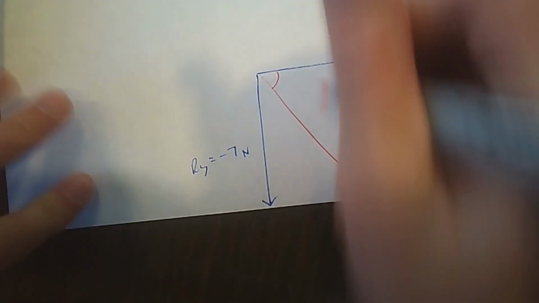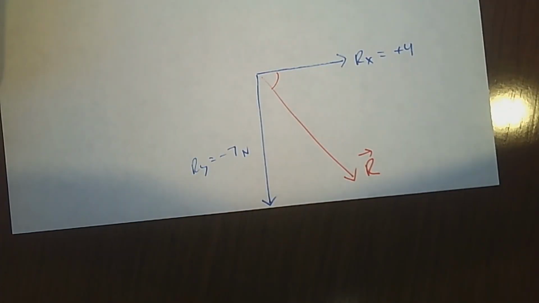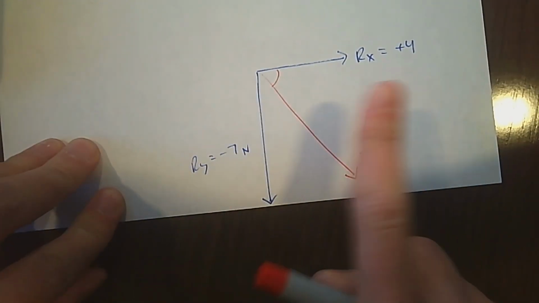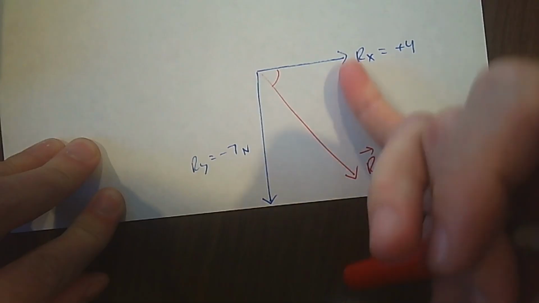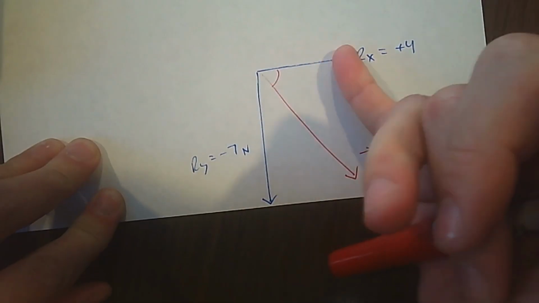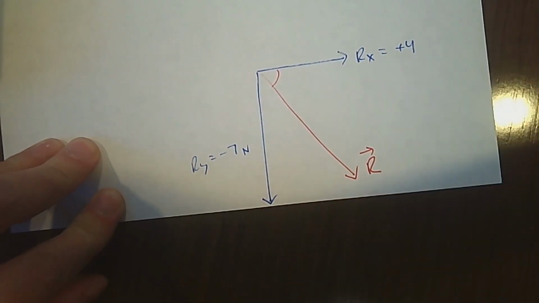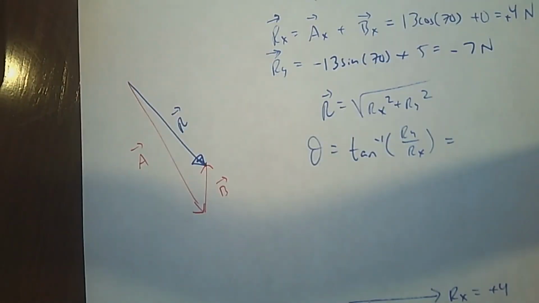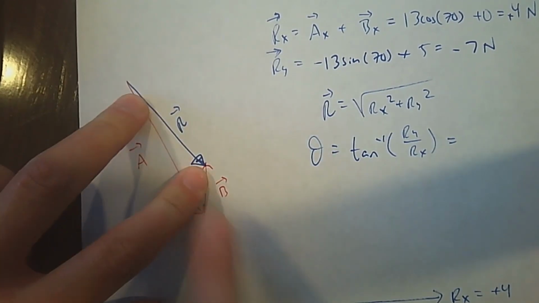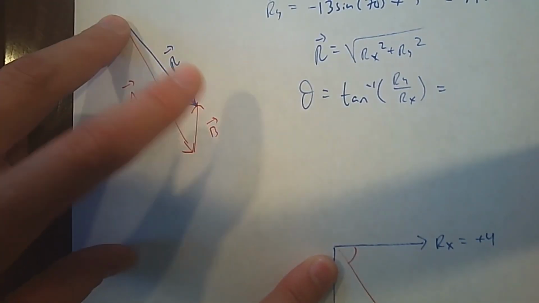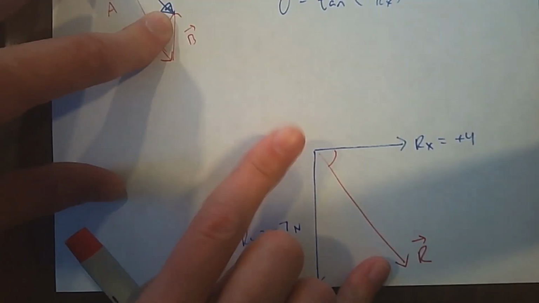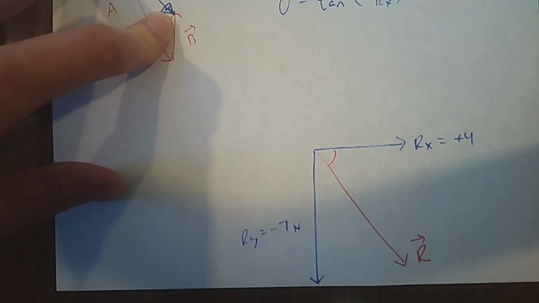If I want to find the angle down from east, I can use the inverse tangent of my opposite side, 7, divided by my adjacent, 4. And that should be the same as that. Even though I switched the color theme for some reason, the resultant is shown in blue here and red here, but they're the same direction, same magnitude.